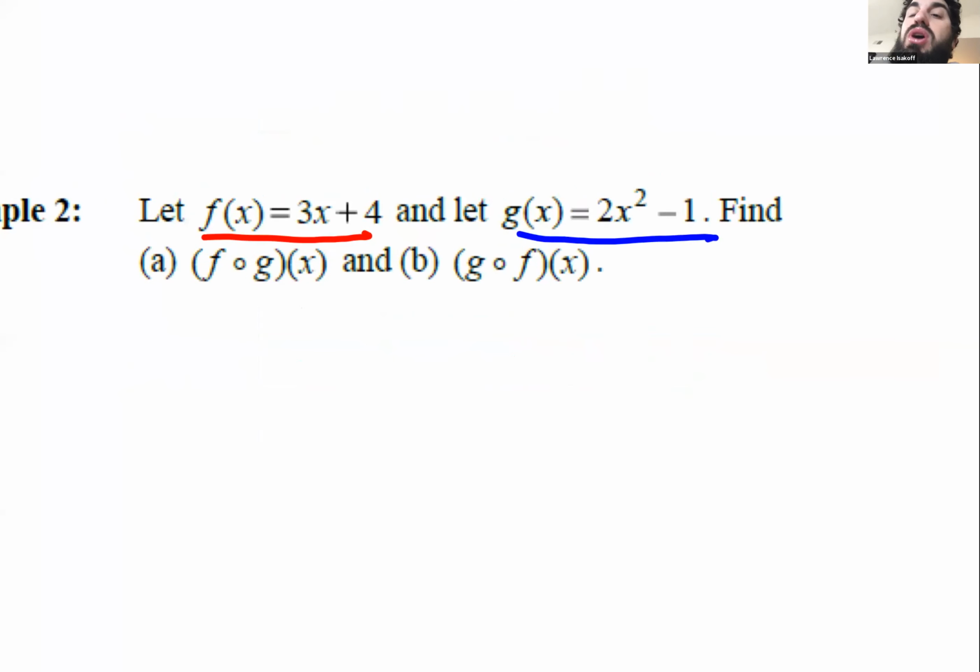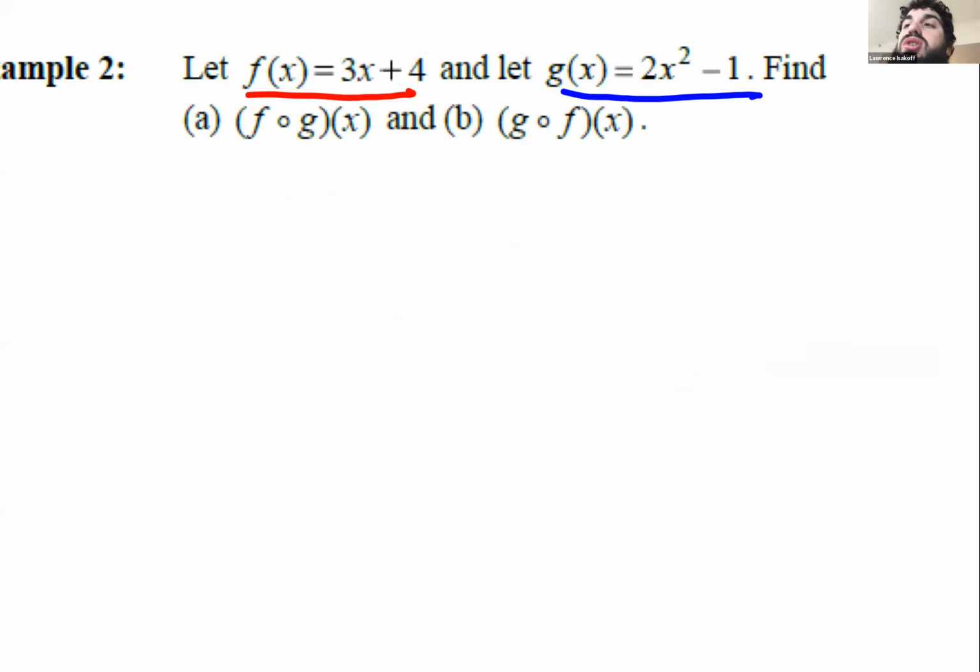So here we're going to do this both ways. I'm going to do f of g of x, then I'm going to do g of f of x. So here's how example A is going to go. What this is actually saying is f of g of x.